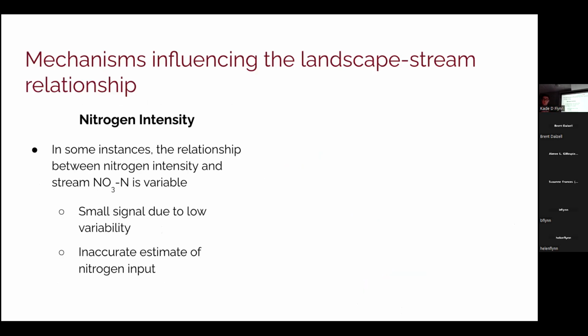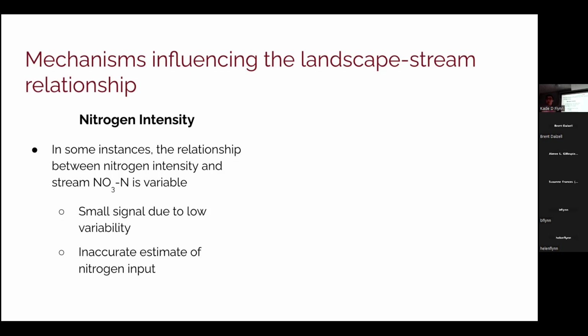And so, in summary, we looked at these two different landscape variables, and we can gain some insight into possible mechanisms influencing this landscape stream relationship. For nitrogen intensity, we saw this relationship was variable. As I stated earlier, this could be because there's a small signal due to low variability throughout this landscape.